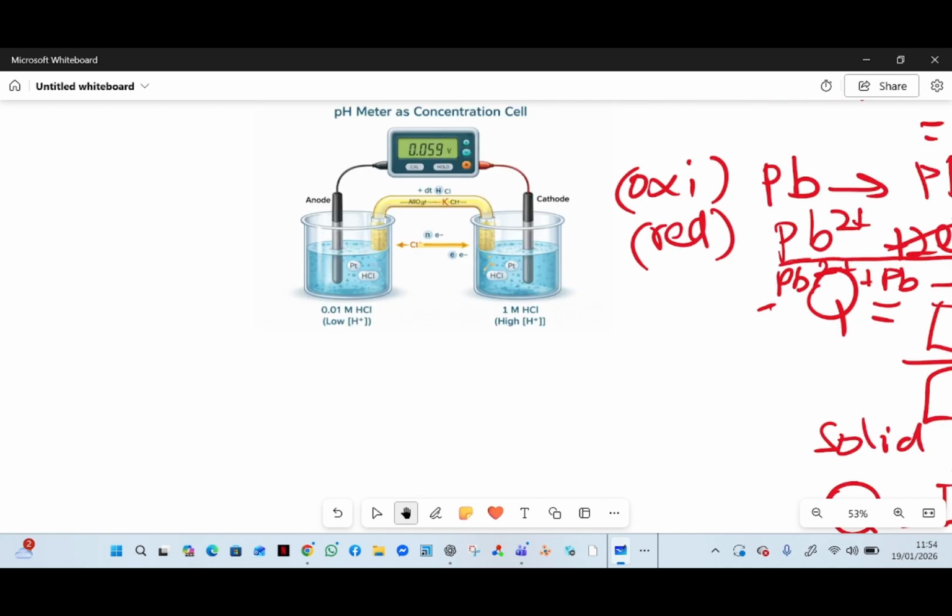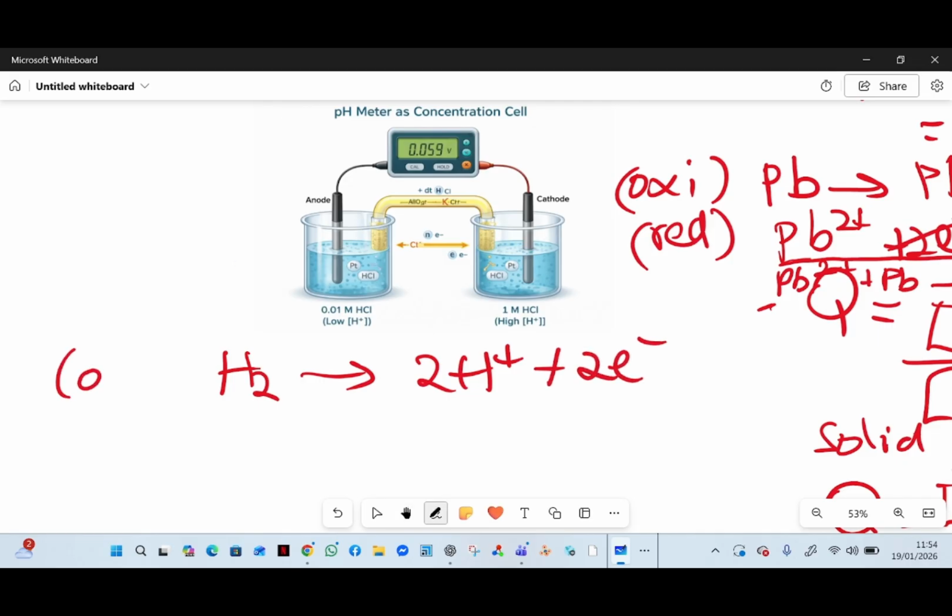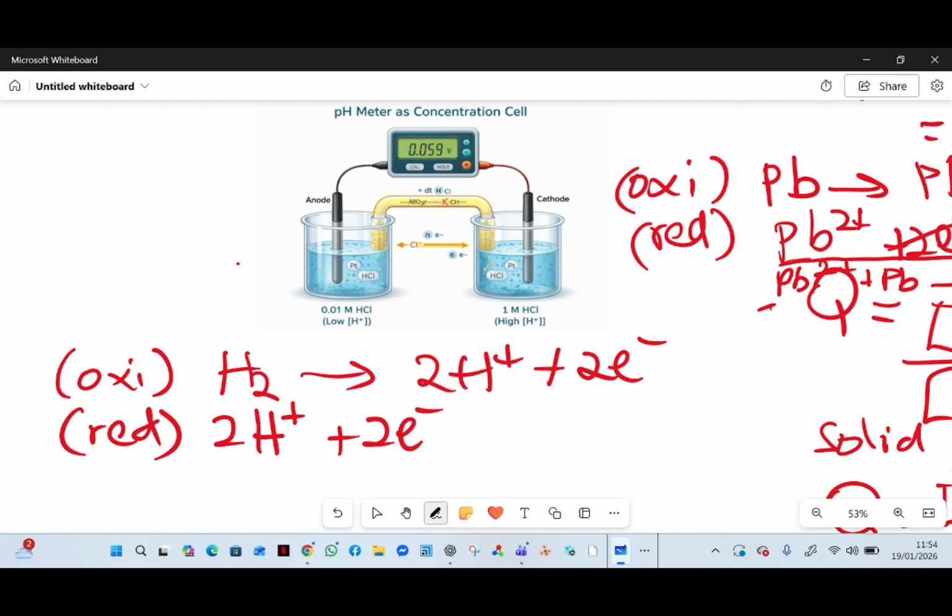The pH meter is made up of the hydrogen electrode, where H2 is going to 2H plus 2 electrons at both sides. So this will be the oxidation half, and this is the reduction half, whereby 2H plus 2 electrons react to form H2.